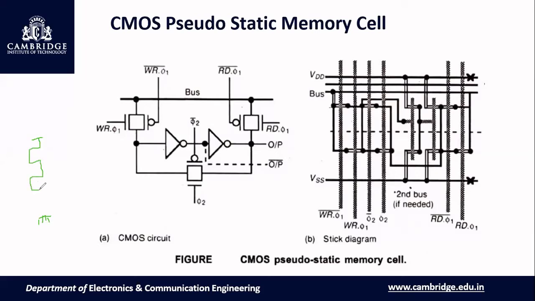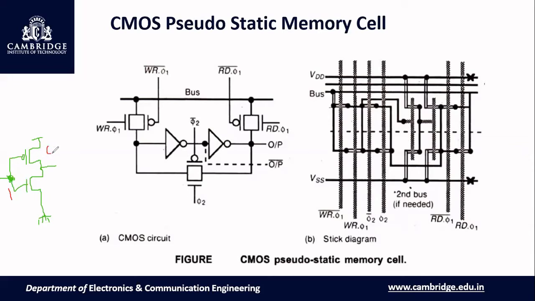Even in the stick diagram you can analyze. Fine. So what should be the input for this? Logic 1 only. Okay, so let me give logic 1 here. If I give logic 1 as an input for the inverter, what will happen? If I give logic 1 to the gate of the PMOS transistor, will PMOS be on or off?